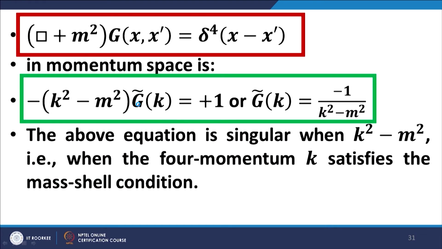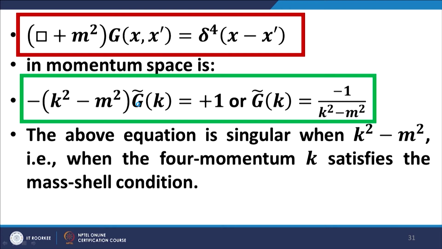Now, because the Green function satisfies the Klein-Gordon equation, we get the corresponding expression in momentum space. When we work it out, we get the expression given in the green box here. G tilde k is equal to minus 1 upon k square minus m square. Please note, we will still not introduce the i epsilon, or you may say that i epsilon is implied here for the moment, but it will make its presence in a short while.